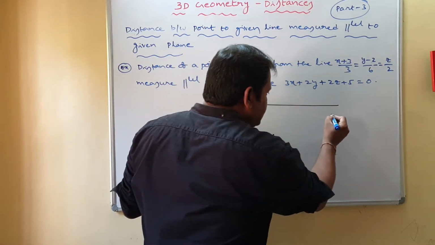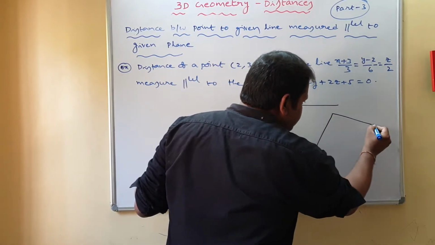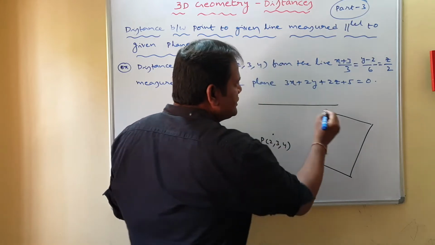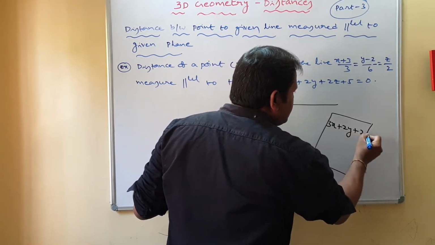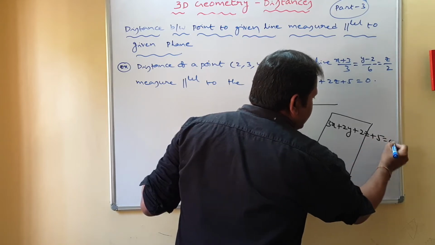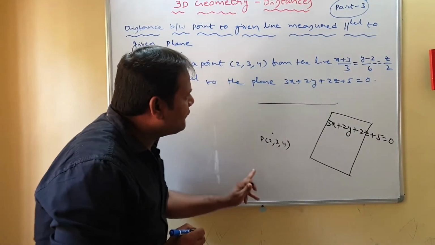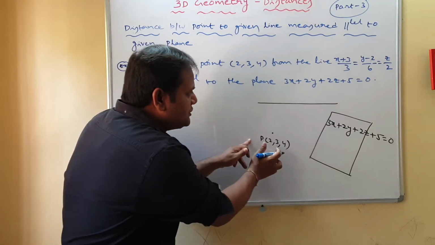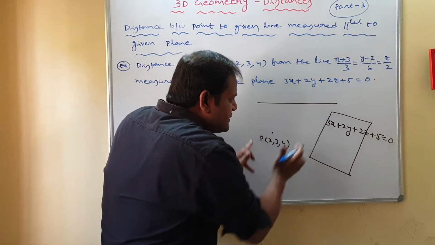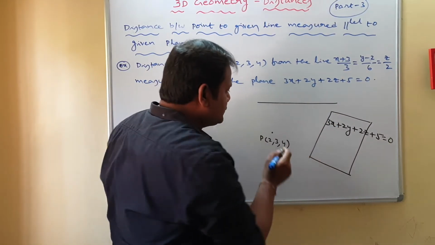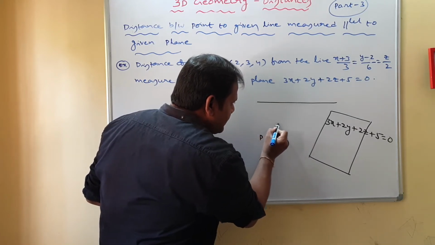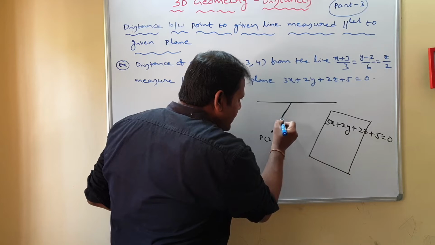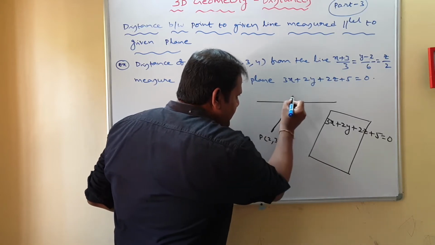Suppose this is the given plane, 3x plus 2y plus 2z plus 5 equal to 0. So you have to find distance PQ.